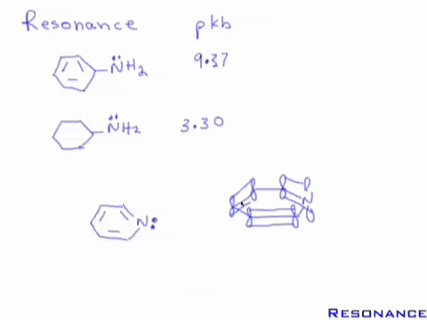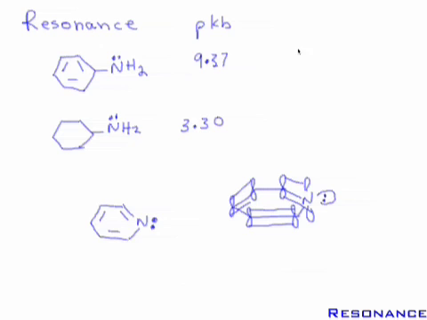All of the 2p orbitals are involved in pi bonding. Where's the lone pair? The lone pair is perpendicular to those 2p orbitals. It's orthogonal. It's at right angles to the 2p's, and so it can't side-to-side overlap. It's localized in this orbital. It can't delocalize into the ring.